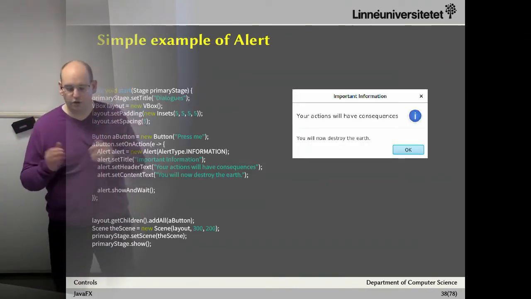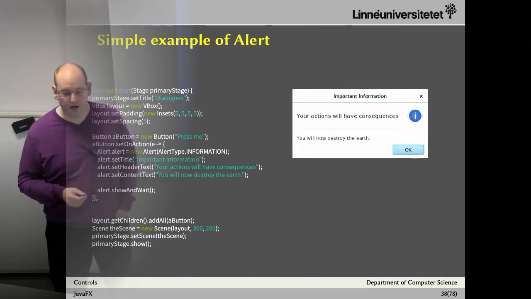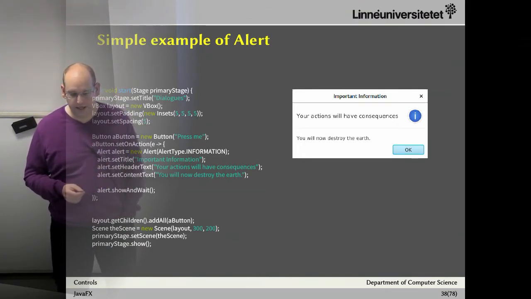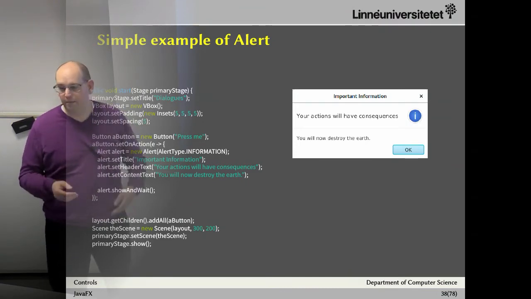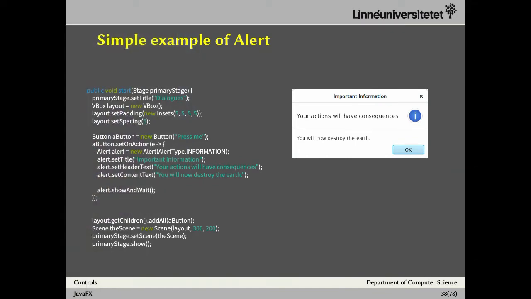However, a short, simple first example of an alert where we create an interface, which you don't see here, which is just the window, and then we have a button there which says press me. But to this onAction for this one, we have a method where we create an alert, as you can see here, and we have an alert of a specific type, namely information, and that gives the nice i in a round blue circle.